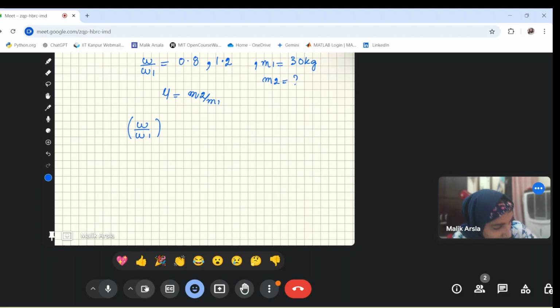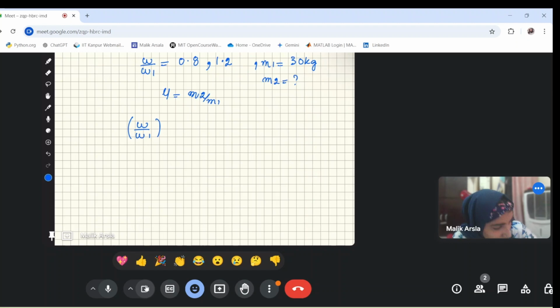Now it implies that m2 upon m1 is equal to 0.2, because I have defined m1 as the mass of the main system.